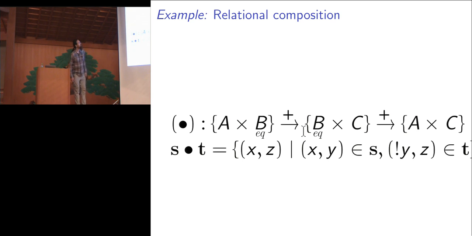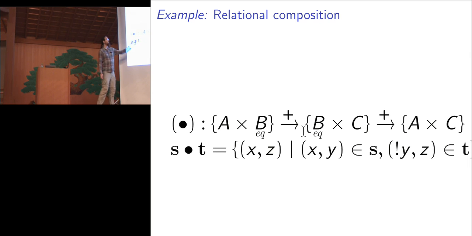And the way we write it, unfortunately, there's a right brace hanging off the end of the slide, but the way we write it is very much how you'd write the mathematical definition of the composition of two relations, right? It's the set of all pairs x z, where x y for some y is in S, and y z is in T. The only difference is we put a bang for the y, and this is us being very explicit and telling Datafun these two y's are the same. Check that they are equal, right?